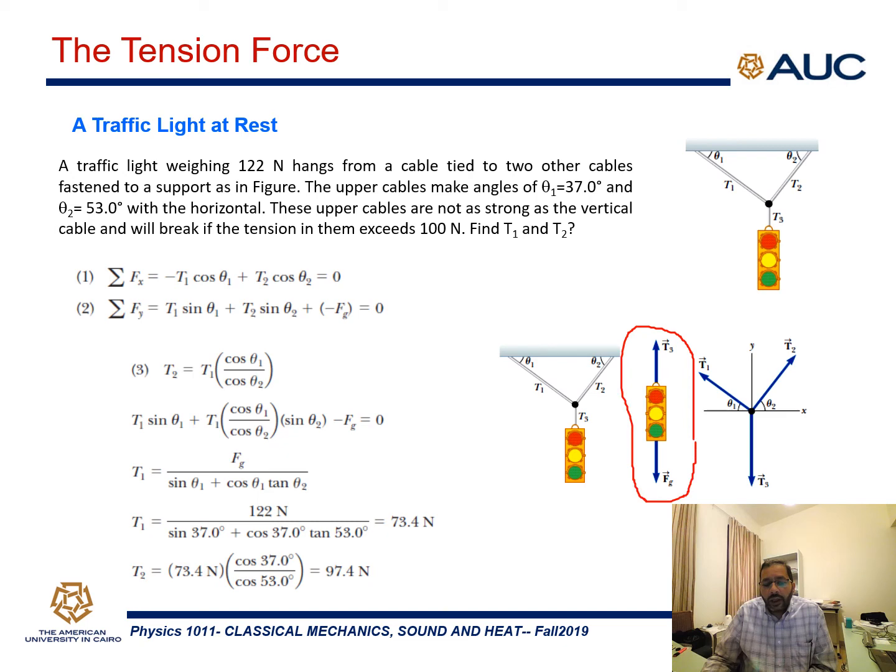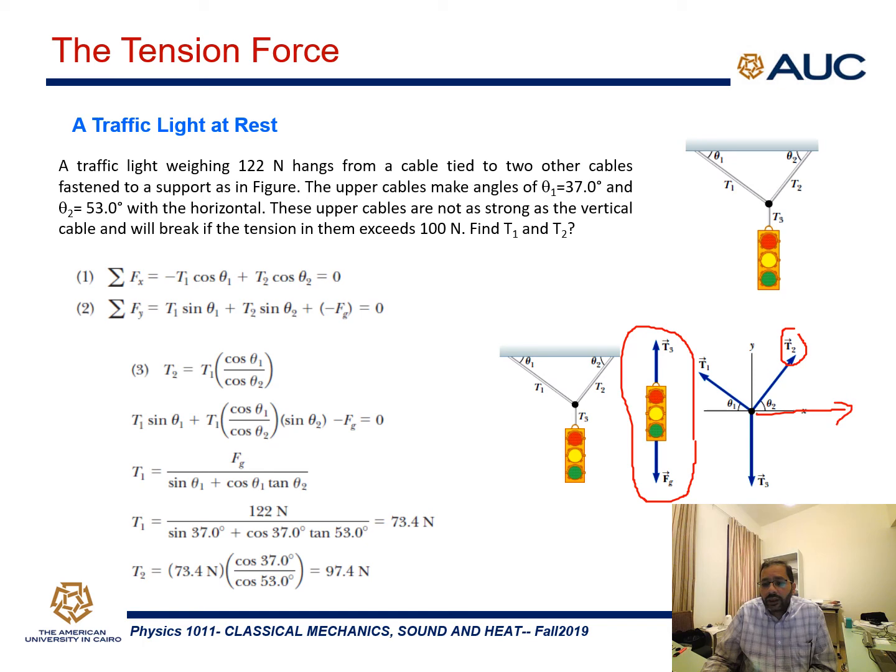of the traffic light, we can say that T3 minus mg equals 0, in the y-direction, because there is no acceleration. The net force is equal to 0 because this traffic light is at rest. It is motionless, it is stationary. Here we can take this T2 and break it into components.